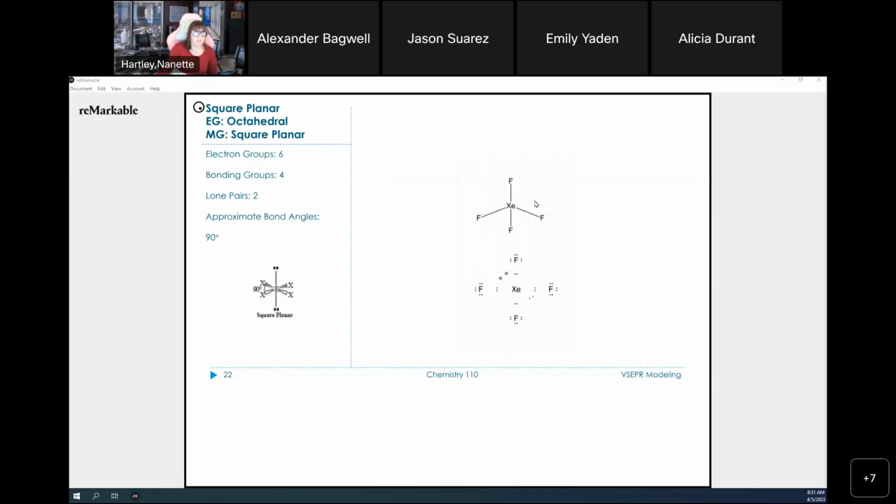So sometimes the drawings that we have on 2-dimensional paper don't really represent that 3-dimensional structure. This is part of the problem that we have, is how do we do that? And that's where those dashed lines and wedged lines come in, trying to make that look more appropriate. Okay. So approximate bond angle is 90 degrees, and that's for 4 bonding groups, 2 lone pairs, with our base as 6 electron groups. So octahedral base. Okay.